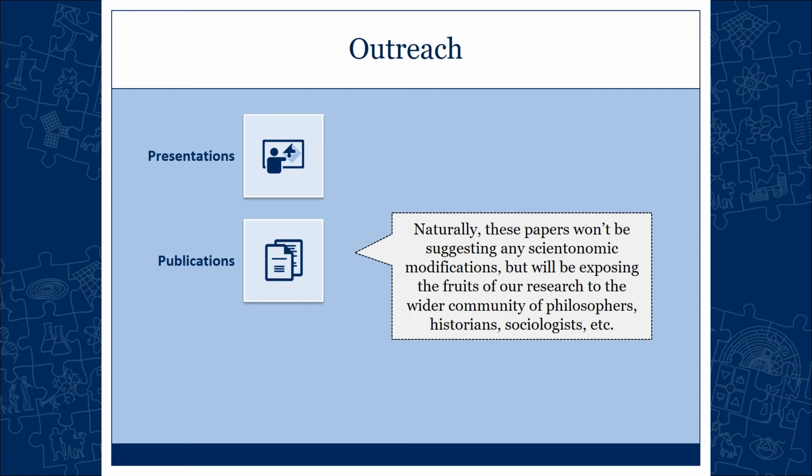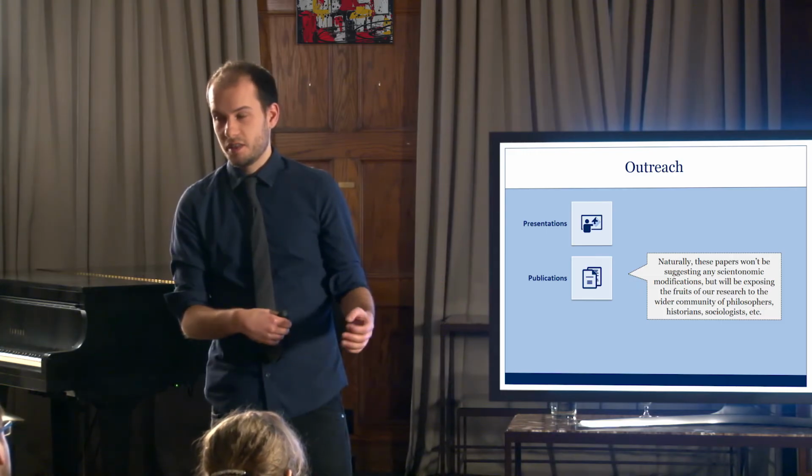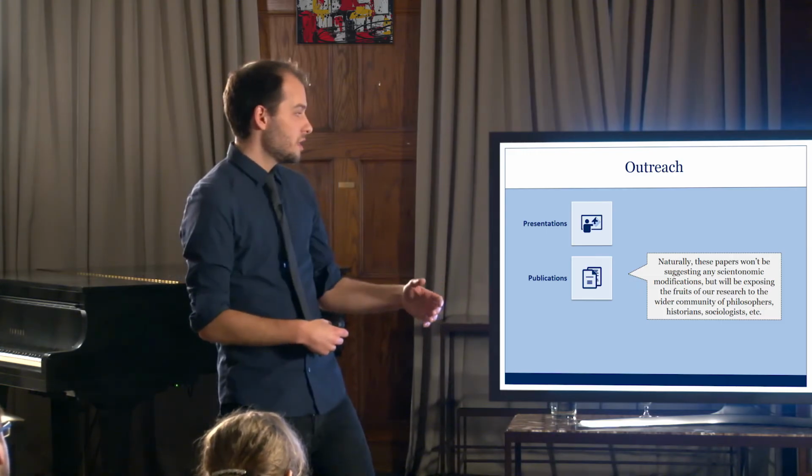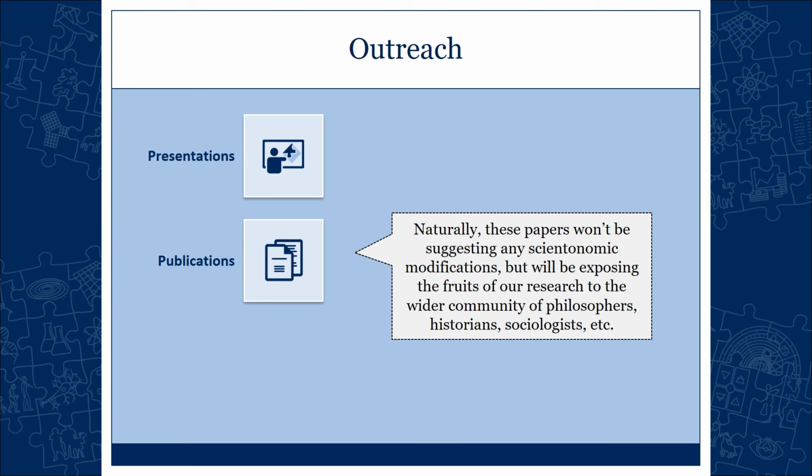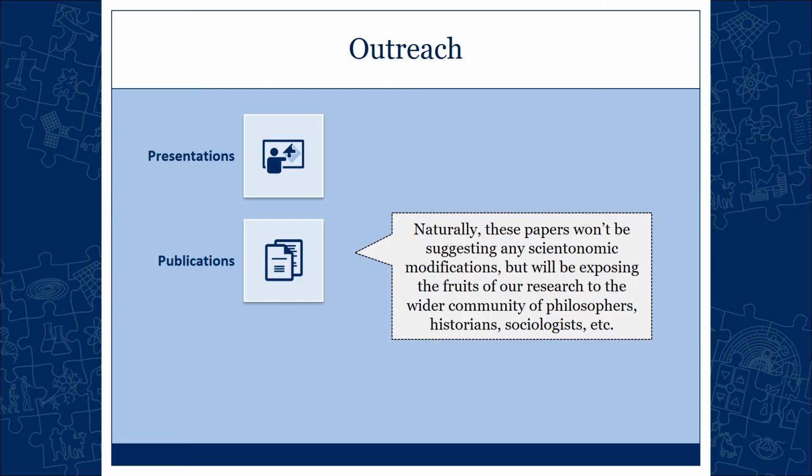Obviously, these papers in more general journals aren't going to be proposing modifications to our scientonomic knowledge or to our understanding of specific mosaics at specific times. What they will do is discuss and celebrate the fruits of our labor, what we have done and accomplished, and how our system works, and spread the word about what we're doing here and how it might apply to these different communities.